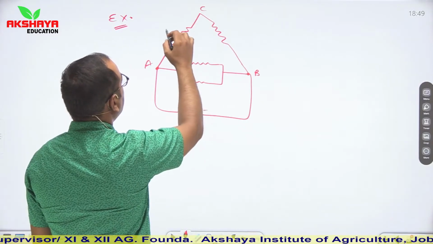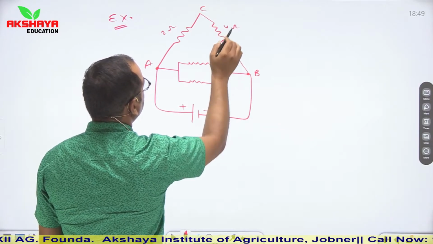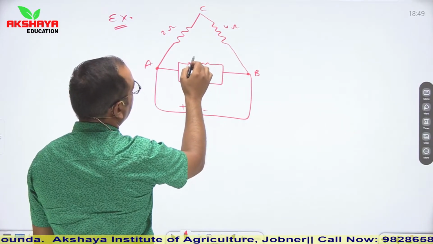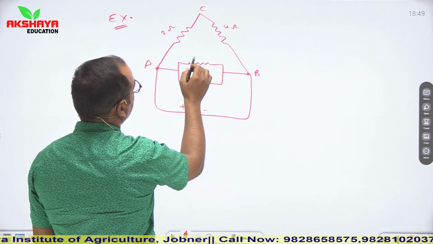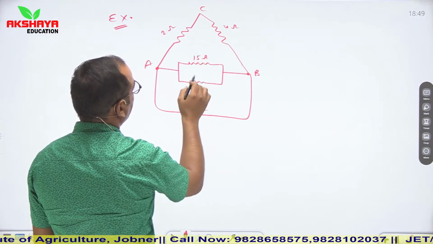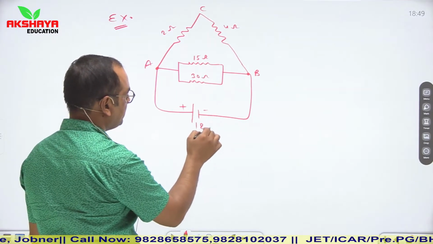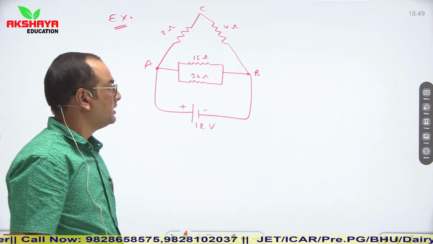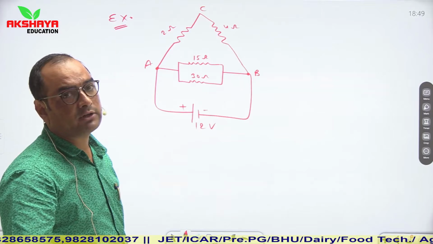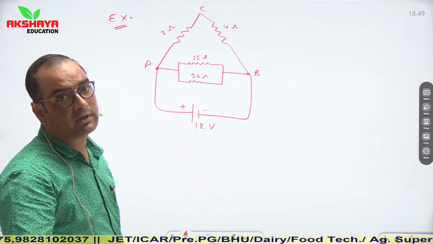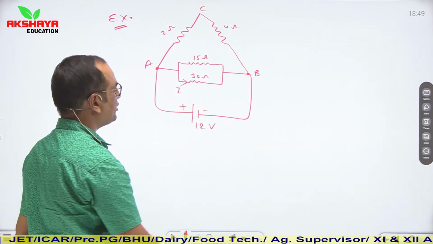The values of these resistors are, let us say, this is 2 ohm, this is 4 ohm, this is 15 ohm, this is 30 ohm. Potential difference is 12 volts. So we have to calculate the amount of current flowing through the resistance of 30 ohm, the value of I in this 30 ohm resistance.